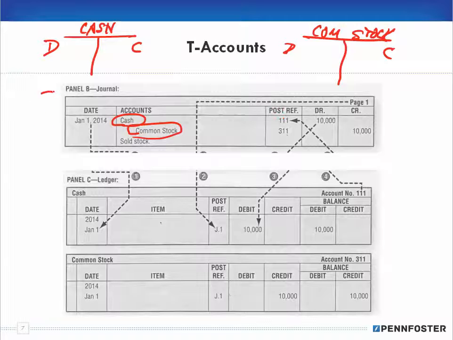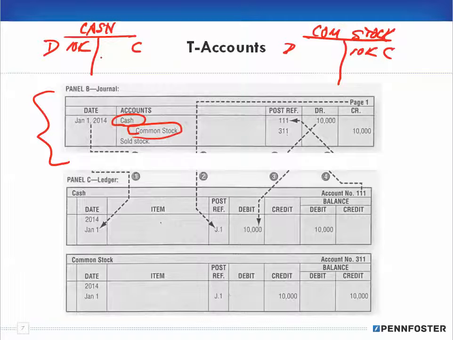Now, if I'm taking this journal entry and I want to see what it looks like to make sure that my debits equal my credits, well, I can take my debit for 10,000 and write it on the debit side, and my common stock, I'm going to write it on the credit side.